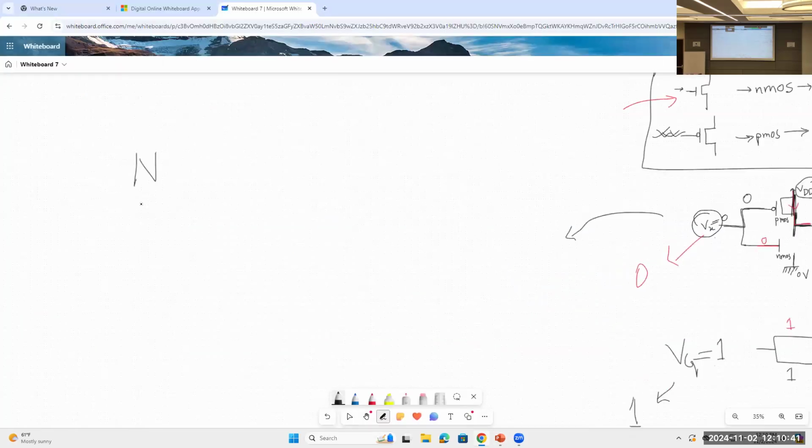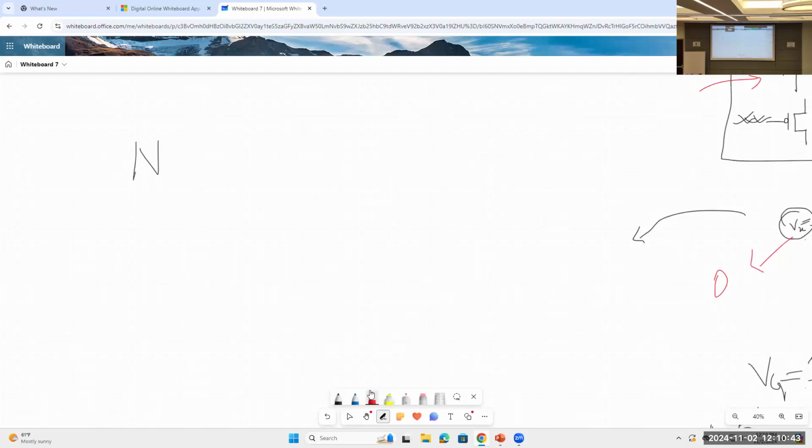Suppose let's draw a circuit here. This is ground or 0 volt, and these are two NMOS.